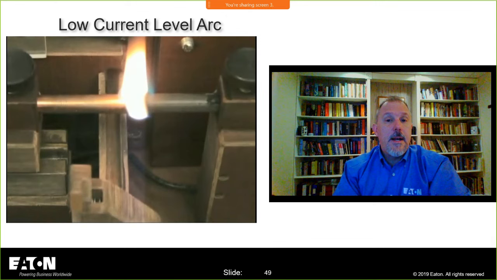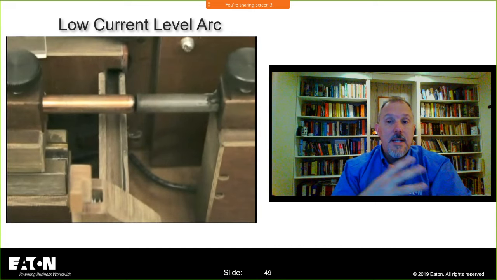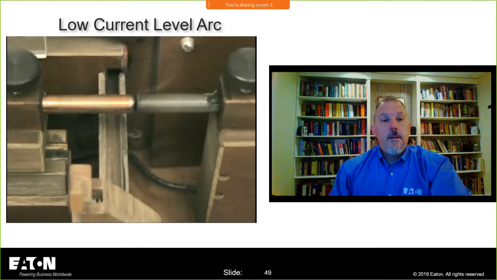Now, this technology is available on 15 and 20 amp circuits at this time because that's where the code has placed the requirements. But as you can see, it's not high energy, it's very low energy, and it can start a fire.